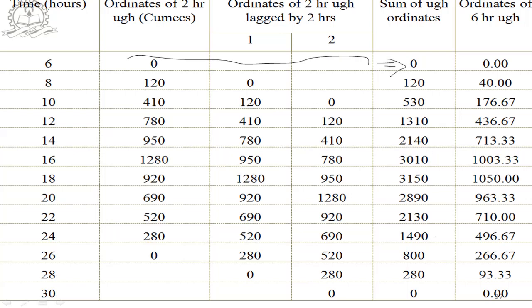Then, in order to convert that into the ordinate of the 6-hour hydrograph, you have to multiply this column by capital T0 divided by small t0, where capital T0 represents the shorter duration and small t0 represents the longer duration, that is 2 by 6.